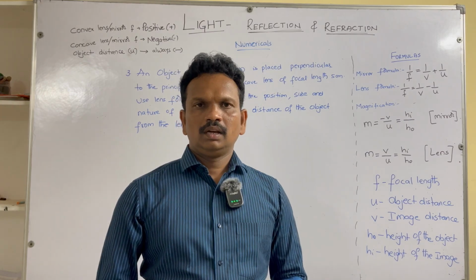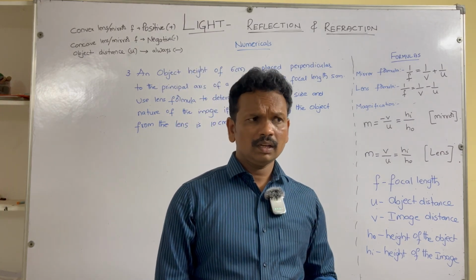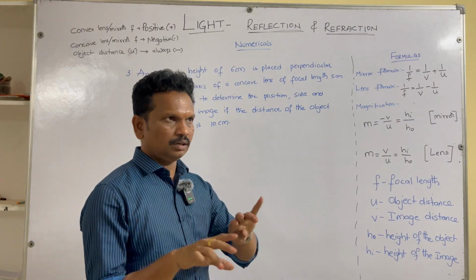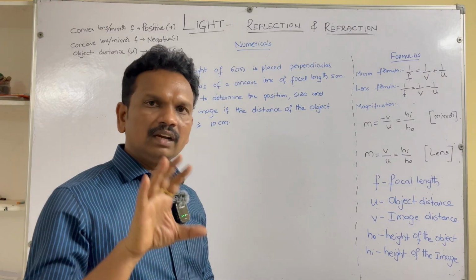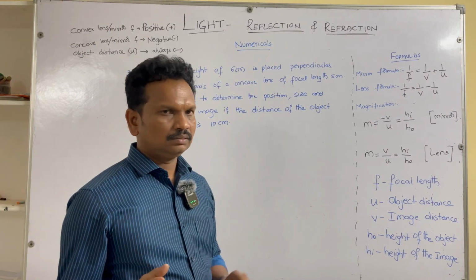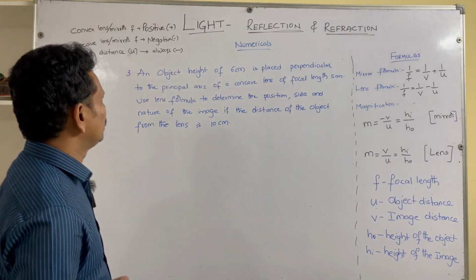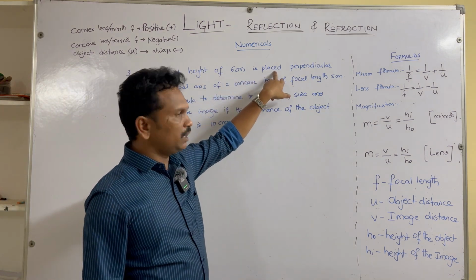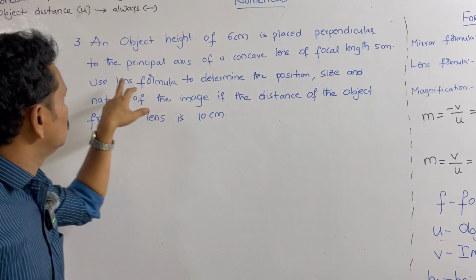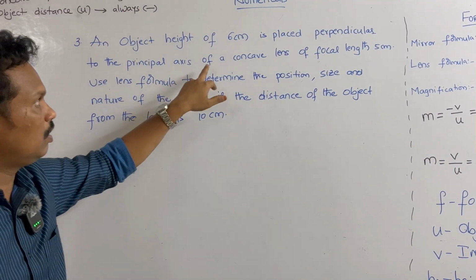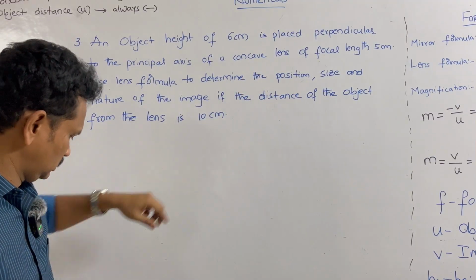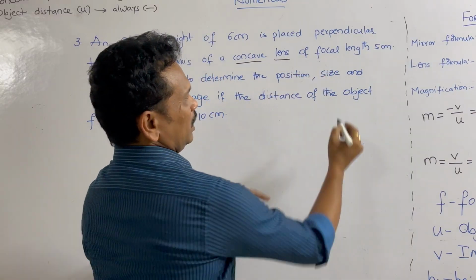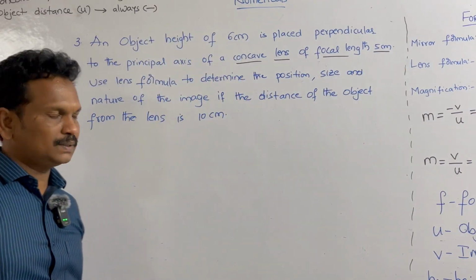Okay. One more numerical problem related to lenses. Very important numerical problem. Here two topics are covered: magnification as well as image distance. An object of height 6 centimeters is placed perpendicular to the principal axis of a concave lens of focal length 5 centimeters.